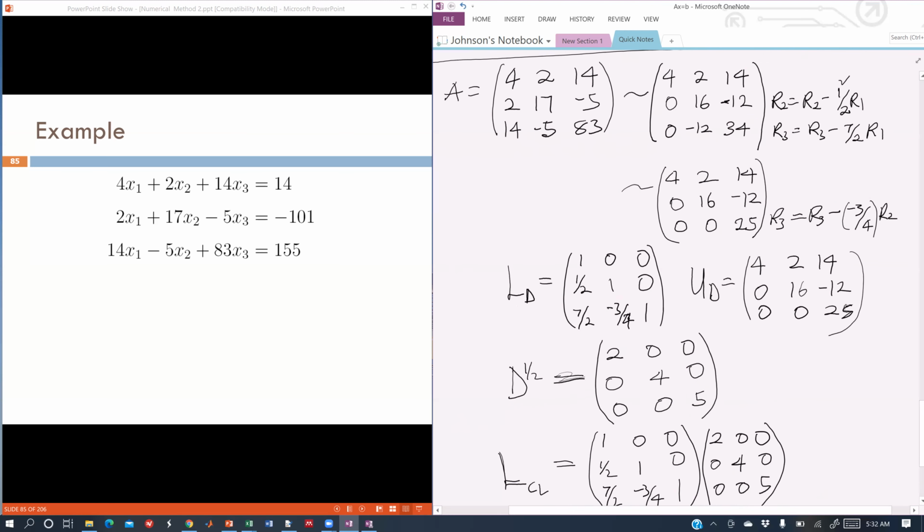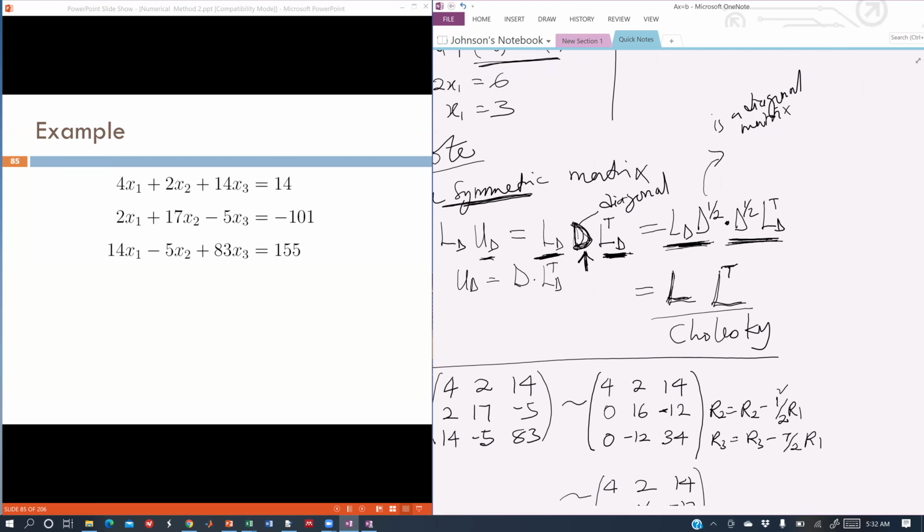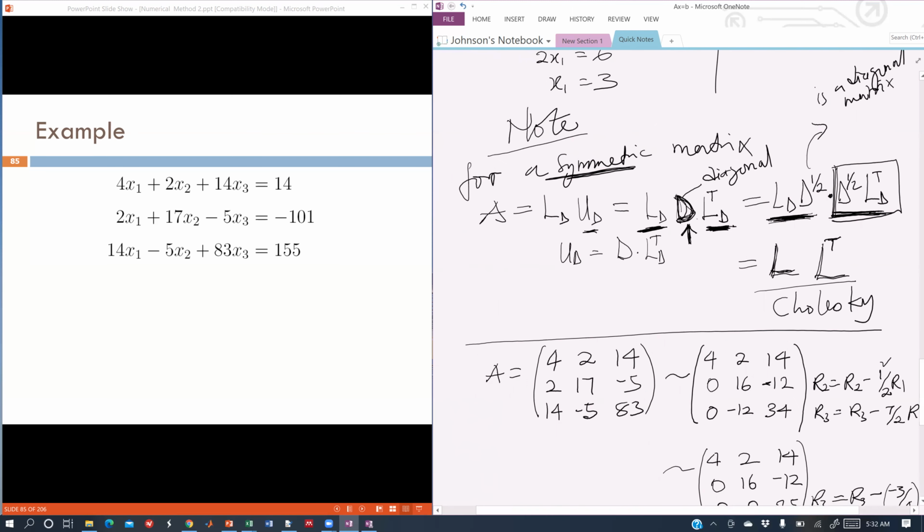The identity I explained over here, you can prove that simply. If you multiply the D half by the transpose of the Doolittle lower triangular, or when you extract the D half out of the upper triangular, it will give you the transpose of the Cholesky lower triangular.